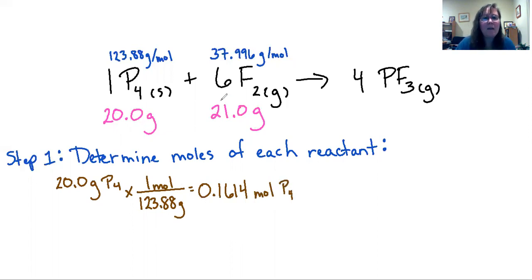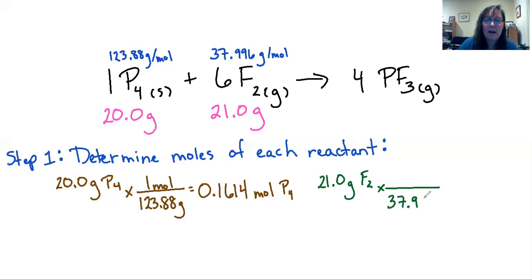Now let's do this for our fluorine. Here we have 21 grams of fluorine, and fluorine is 37.996 grams per mole. And here I have 0.5527 moles.